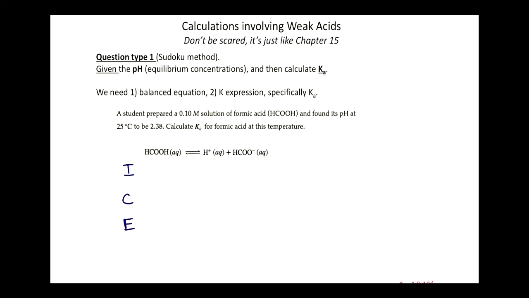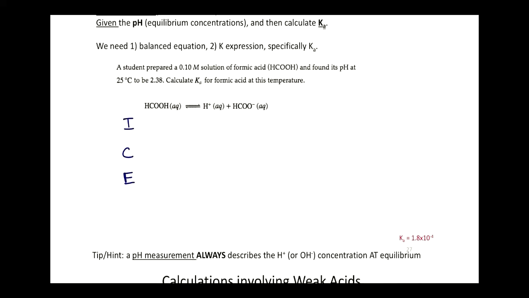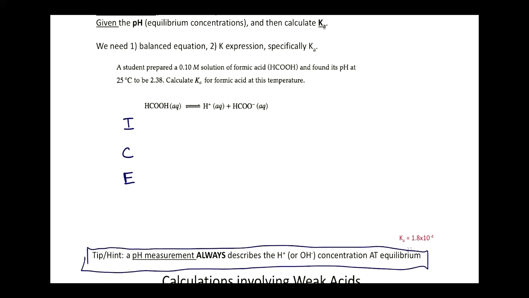We're using the exact same skills, but the big idea is whenever I give you a pH measurement, it always describes what the H plus or OH minus concentration is at equilibrium. So whatever that pH value is, that is your hint to the equilibrium line.